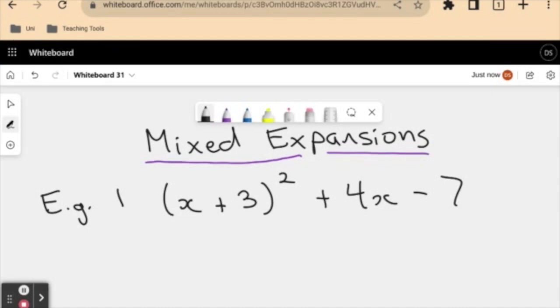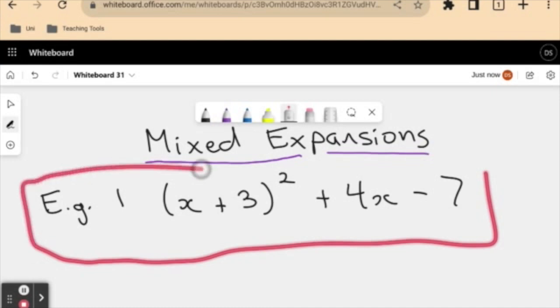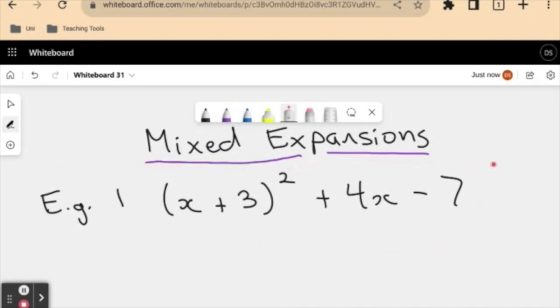So I have an example here, and we'll do one more in a minute. Here I have one type of mixed expansion. The first thing we're going to do is locate any type of expansions we may have done before.